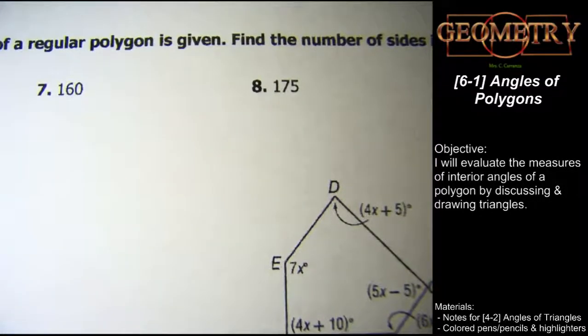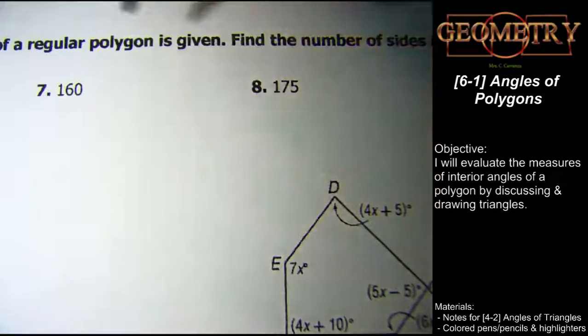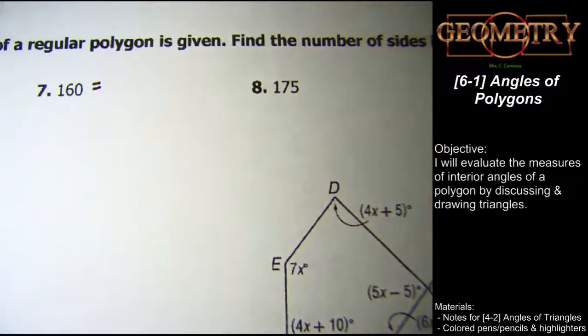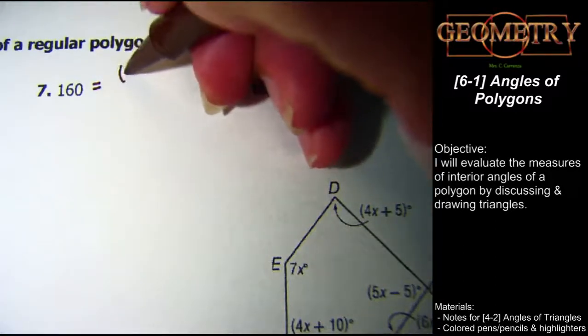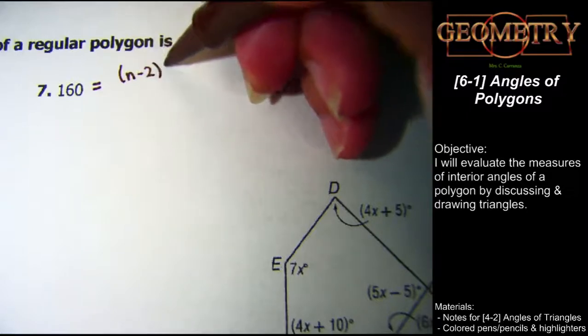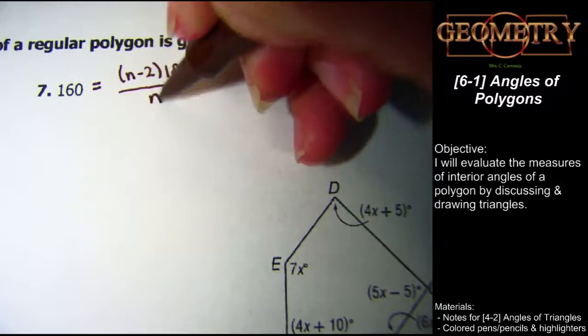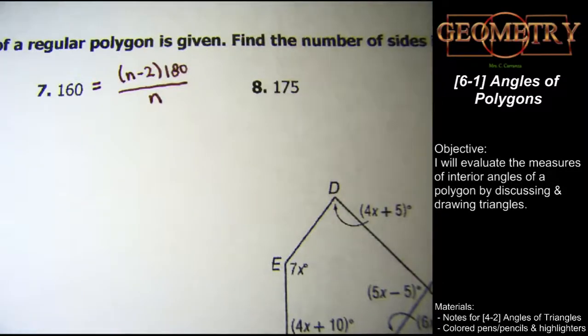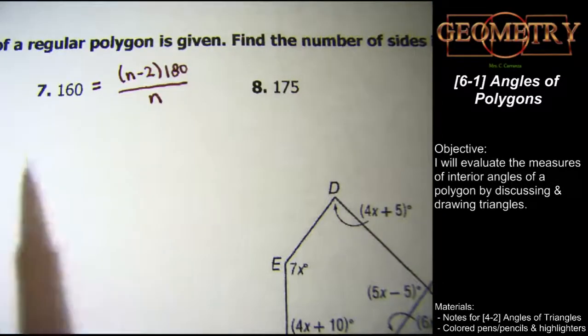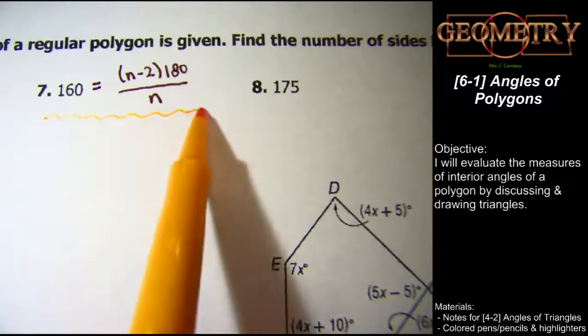All right, the measure of the interior angle of a regular polygon is given. We had a formula to find the measure of a single angle. It came from our angle sum being divided by the number of sides, the number of angles in our polygon. So that's where I'm going to start.